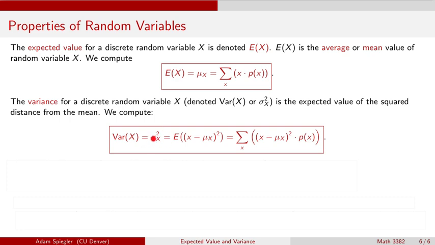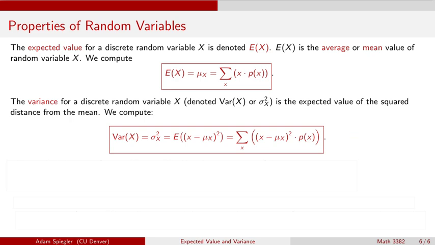So the variance sigma squared x, in this case, we can calculate it by taking the squared distance from the mean times the probability of x and summing all of that together. And in class, we'll discuss some properties of the variance and maybe some shortcuts for calculating variance. But this would be the definition of how we calculate the variance.